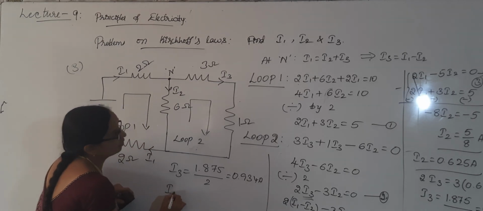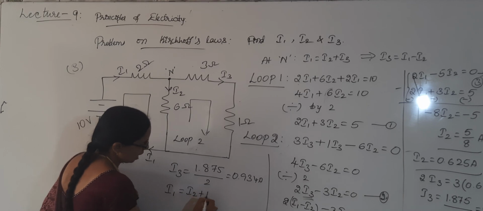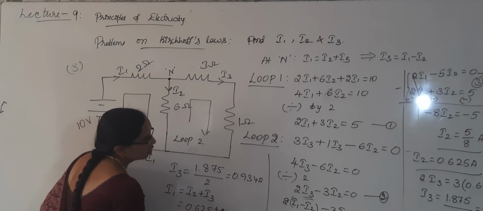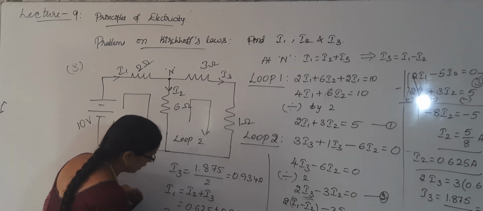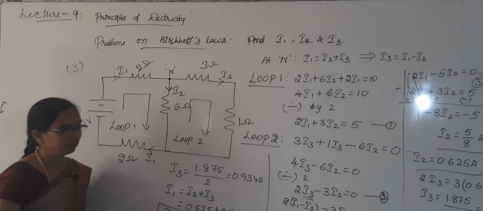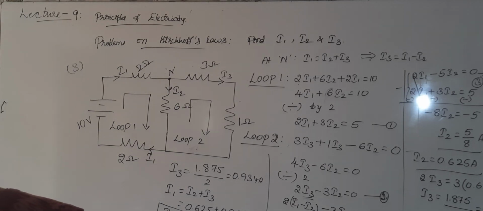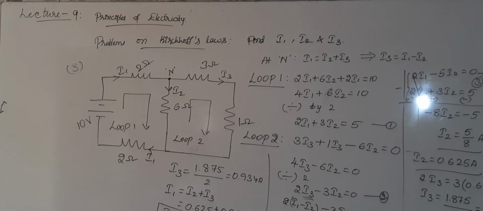Then find out I1, that is equal to I2 plus I3. Substitute 0.625 plus 0.934, calculate it and put the value of I1. So, value of I1 will be 1.5 something you will get.